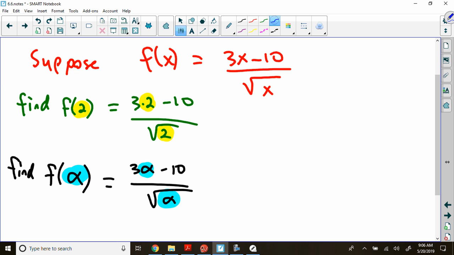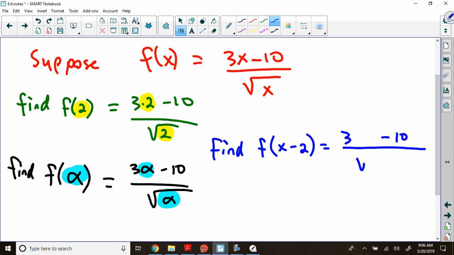So let's see if we can find f of x minus 2. What's this going to look like?